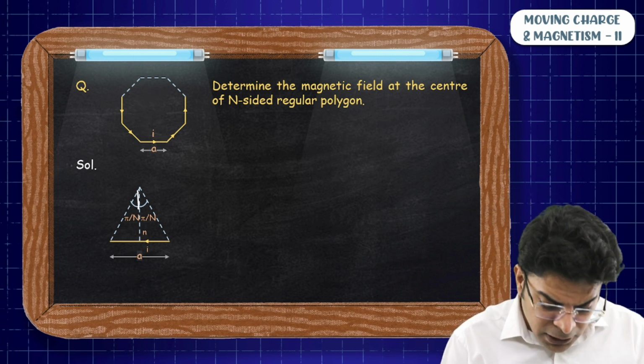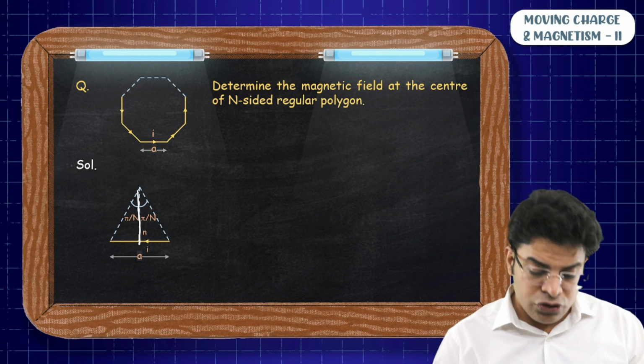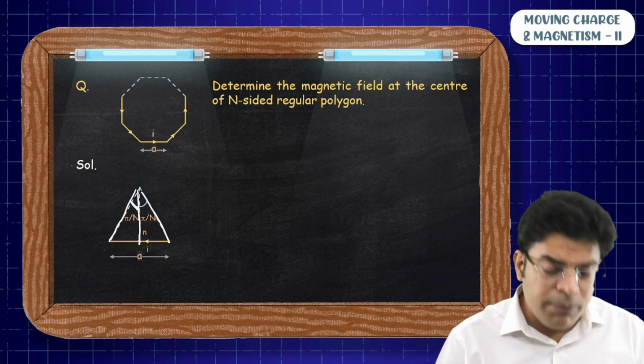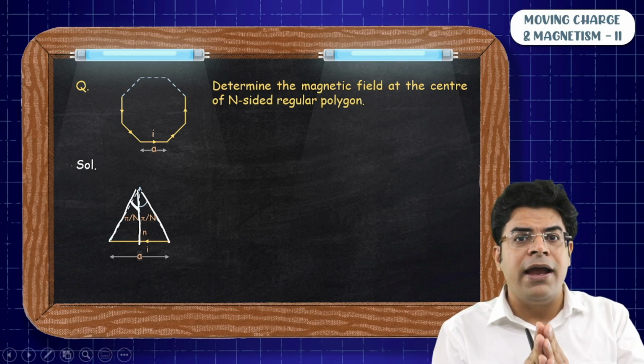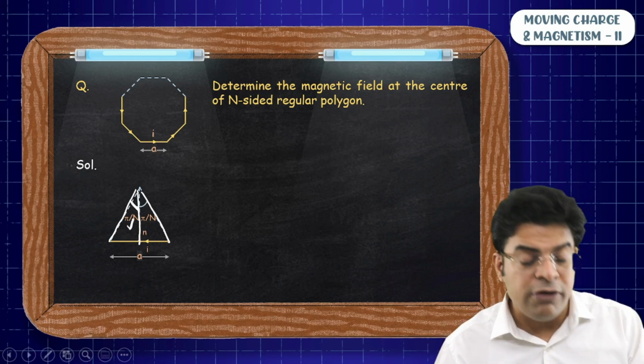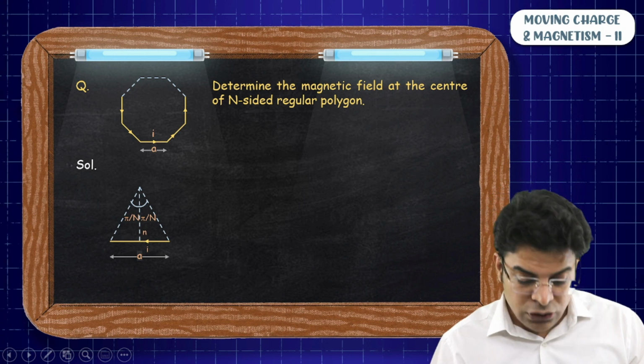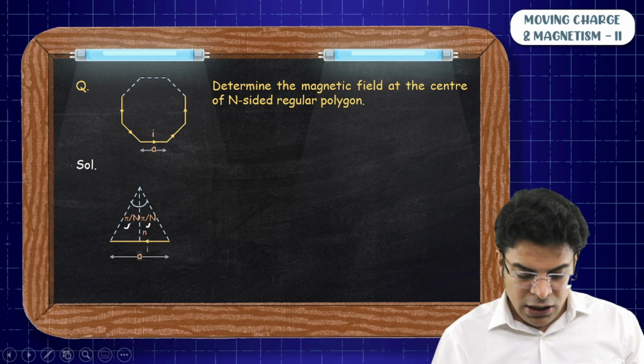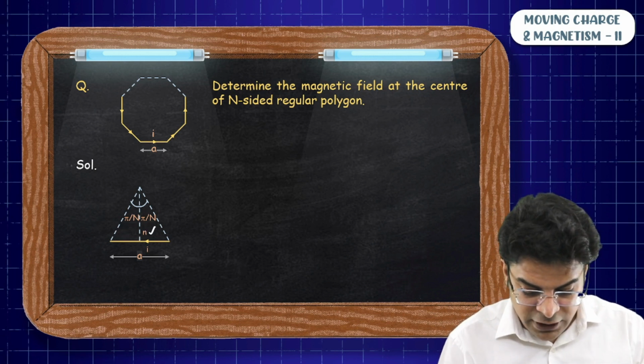Once you drop the perpendicular and you join both the sides, then the angle of one part will be half of 2 pi by n. So this angle right here will be pi by n. So I know already the angle pi by n on both sides. Now all I need to know is r.